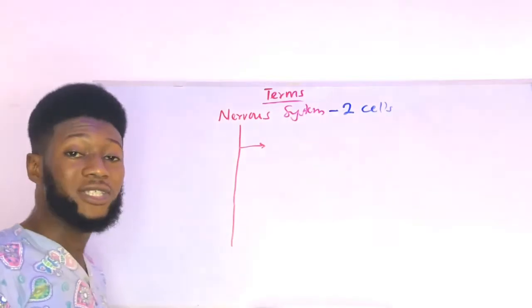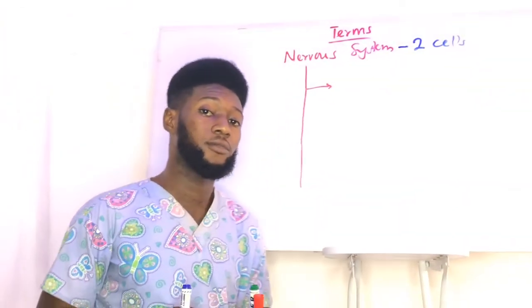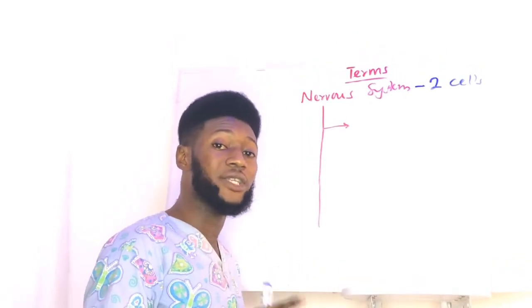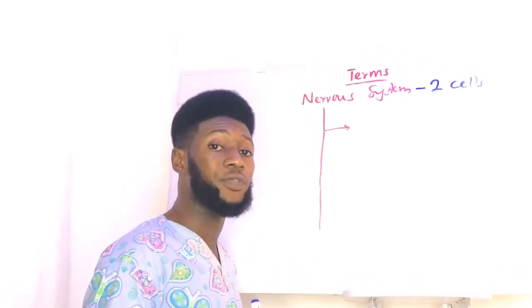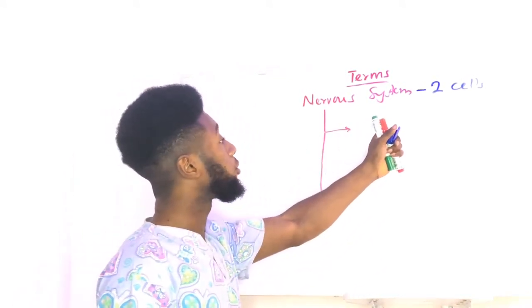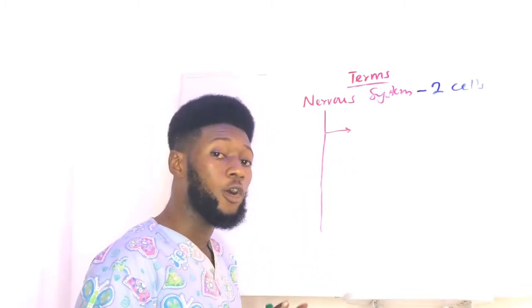There was the true functional cell, and there was the supporting cell. Right? There was the true functional cell, and there was the supporting cell. And in the nervous system, the true functional cell is the neuron.